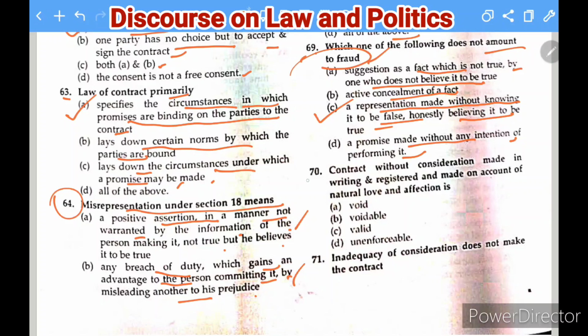Okay, moving to the next question, question number 70. Contract without consideration made in writing and registered and made on account of natural love and affection is. So when you make a contract without consideration, in writing and registered, on the basis of natural love and affection, is the contract void, voidable, valid, or unenforceable?